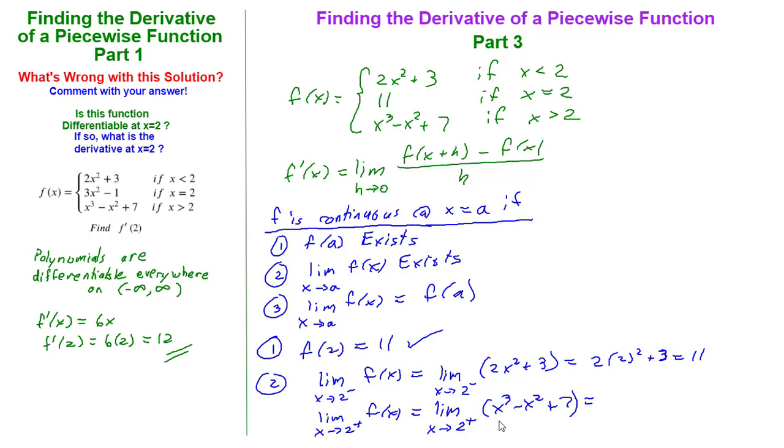Again, this is a polynomial, and a polynomial is continuous, which is why we can just do a direct substitution. As x approaches 2 from the right, plugging that in, we have 2 cubed minus 2 squared plus 7.